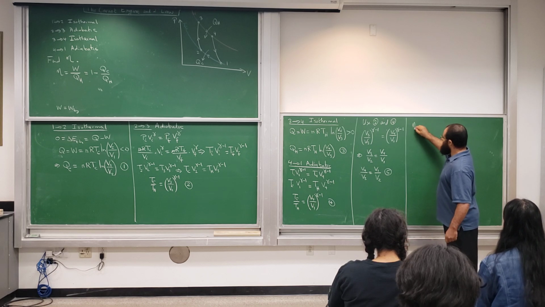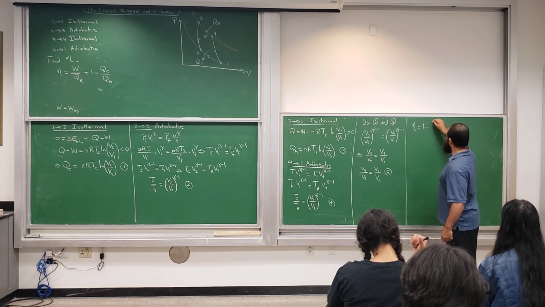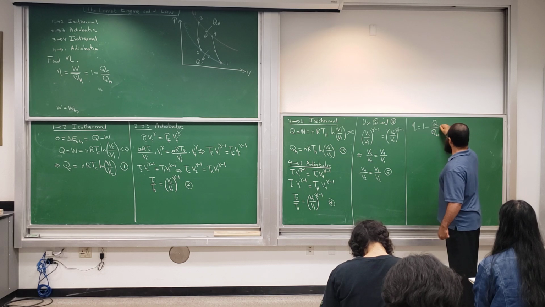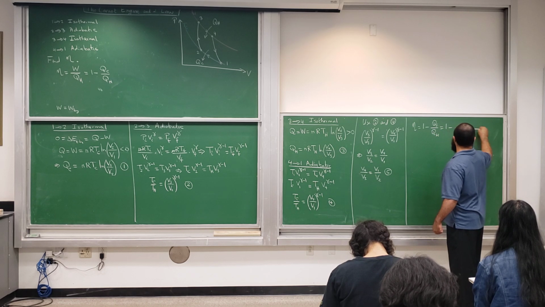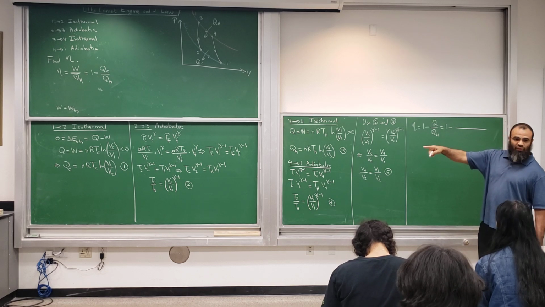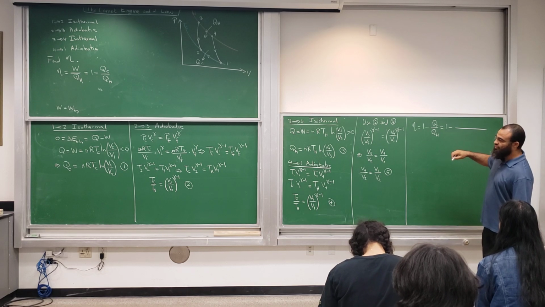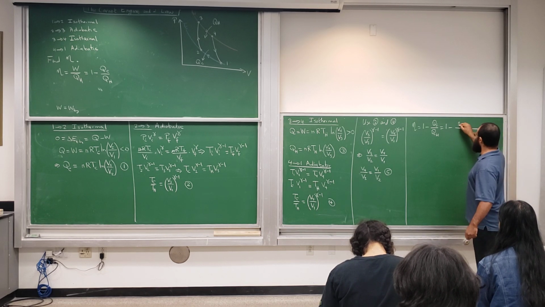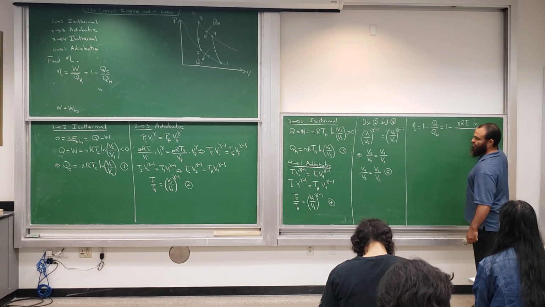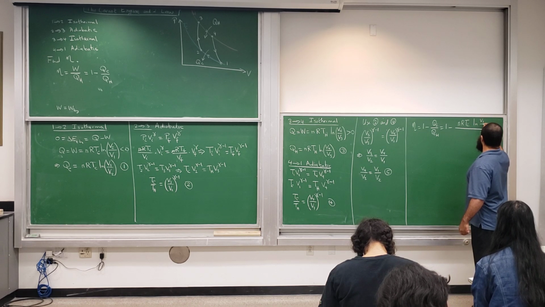So efficiency is equal to 1 minus QC over QH. So 1 minus, that's right, QC. QC is from equation 1, right? So it's N R TC ln of V1 over V2.